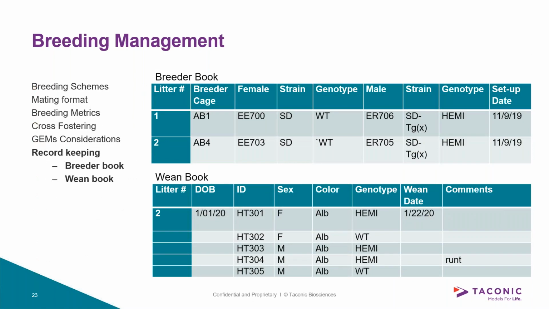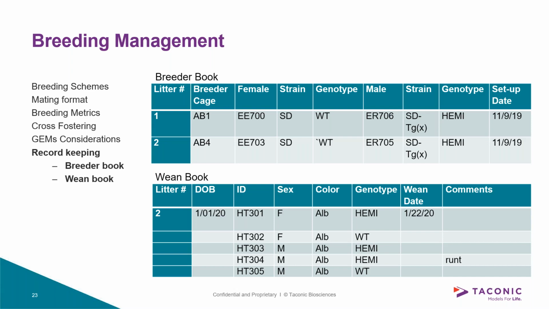I just wanted to give you a quick example of what breeder books could look like. Certainly you can use computer systems that can do all of this tracking for you. Colony management software is available, or you can use just a standard lab notebook and keep track of this. One technique is to keep a breeder book and a wean book. You would have all of your information, like what your breeding scheme is.